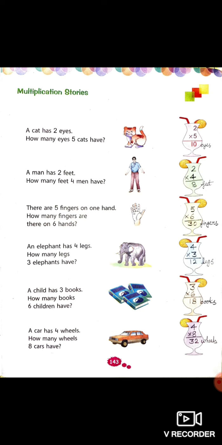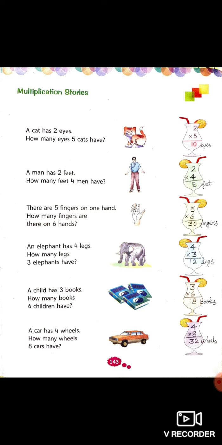Every child is having 3 books, and you have to tell how many books 6 children will have. So you can also add 3 six times, 3 plus 3 plus 3 plus 3 plus 3 plus 3, but it will take too much time and it is a long process. So for that we do multiplication directly.